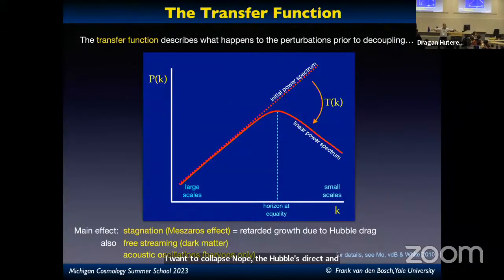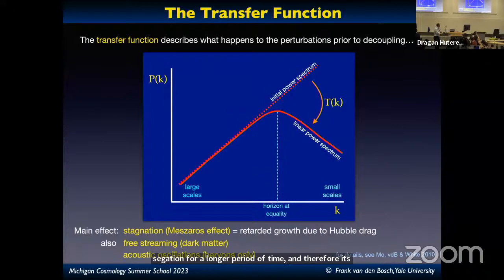Things outside the horizon magically can grow. And so if you have a very small perturbation, it comes into the horizon very early, and it experiences stagnation for a long period of time. A perturbation that enters just before equality has just a very short period of stagnation. Therefore the small perturbation experiences more stagnation for a longer period of time, and its power is more suppressed.